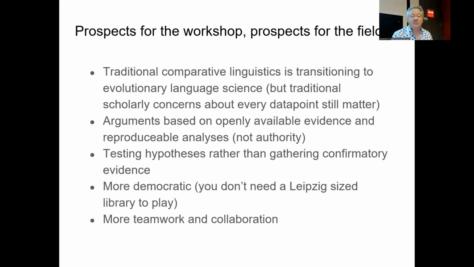I think part of this transition is a move away from what is, I think, far too much reliance in linguistics on argument from authority to argument from openly available evidence and reproducible analyses. A move that also involves going away from just gathering confirmatory evidence for your favorite hypothesis to actually testing hypotheses.